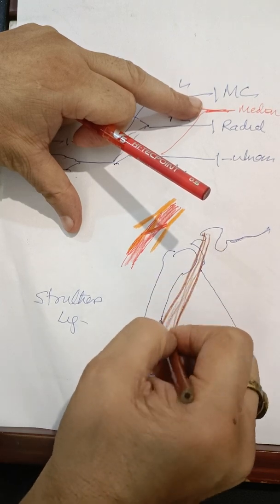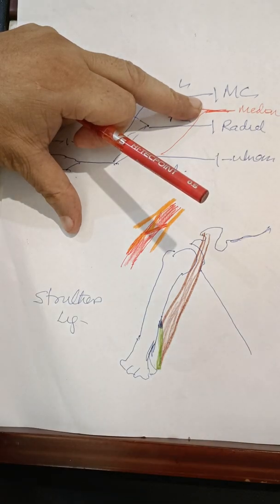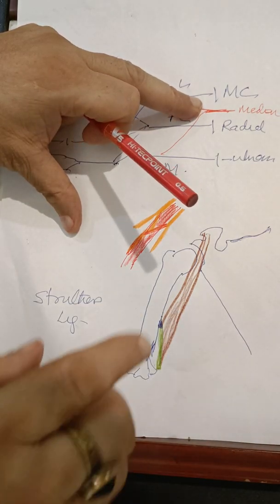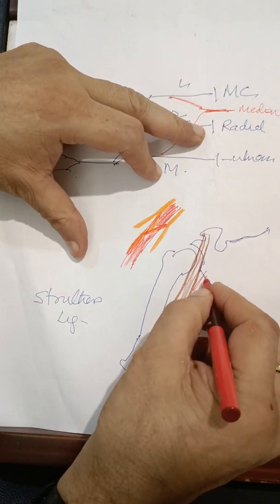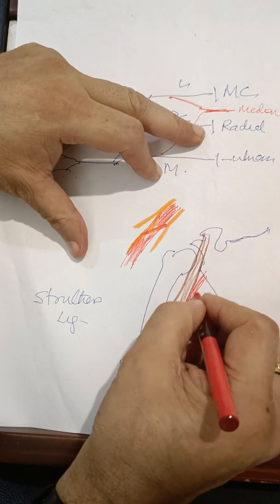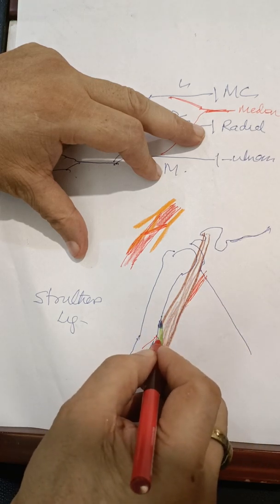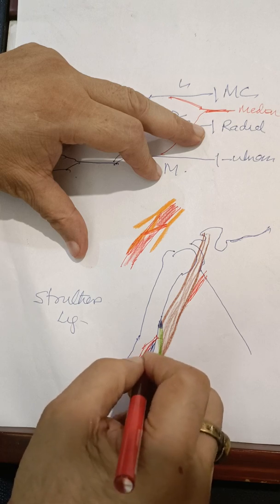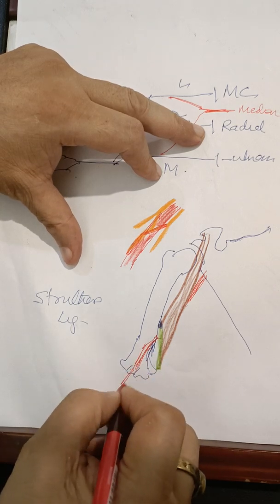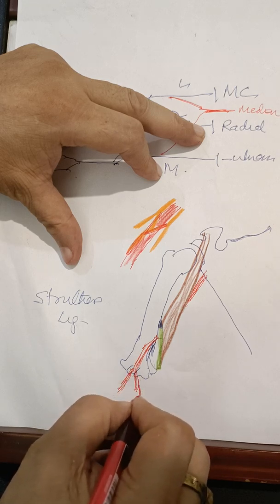Now this is abnormal. Normally the muscle would attach only up to here, and in this circumstance the artery would come behind the muscle, pass through this gap in the Struther's ligament, and convert into the radial and the ulnar artery.